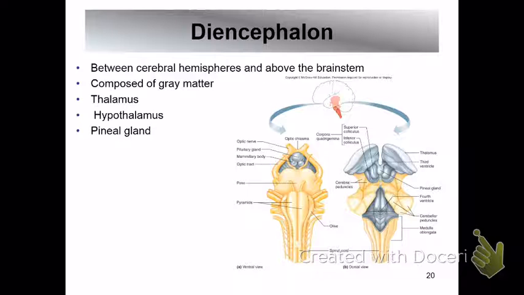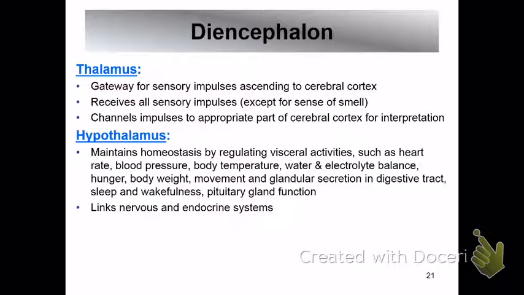So the diencephalon has the thalamus, the hypothalamus, and the pineal gland in it. Okay, that's what you for sure want to focus on for this class, is the thalamus and the hypothalamus. The bird eye and the bird beak. For lab, you want to be able to find those and identify them.